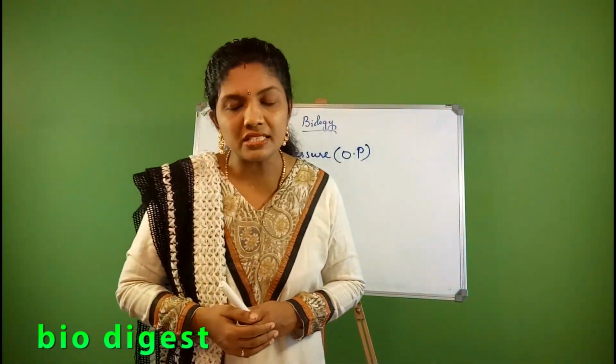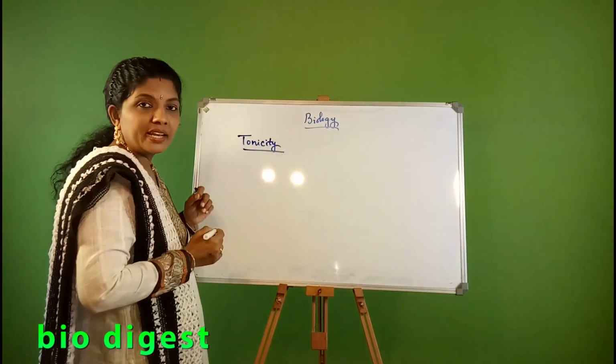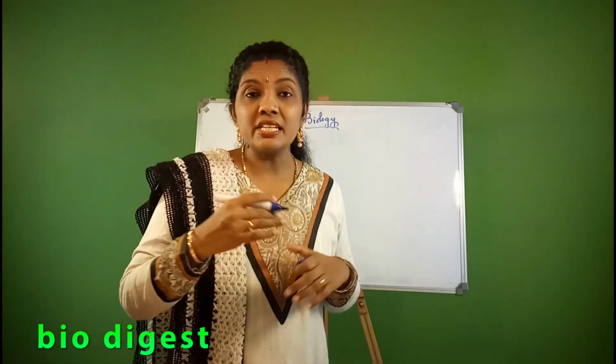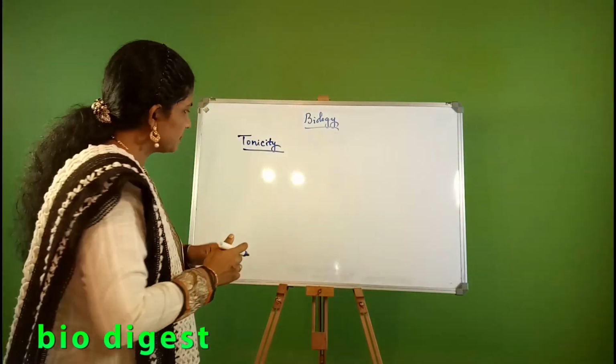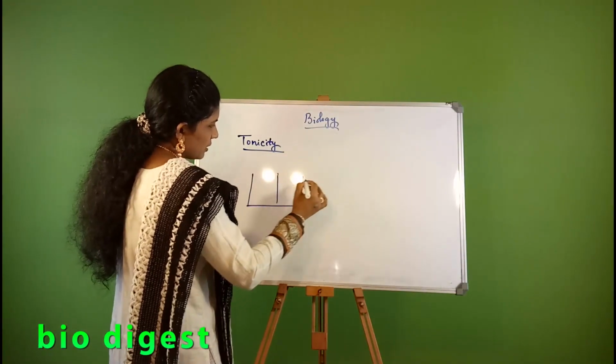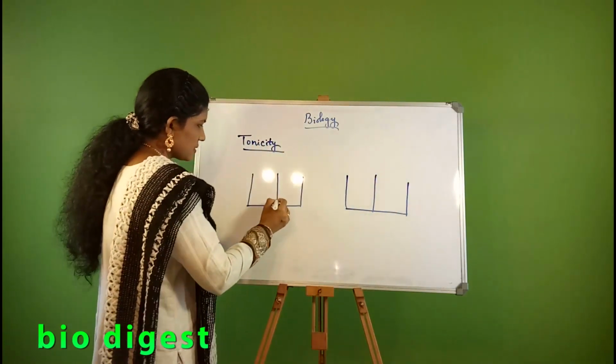Now moving to another definition, that is tonicity. For better understanding of this particular topic, we will compare tonicity and osmosis together. Okay, so we are having two setups like this.